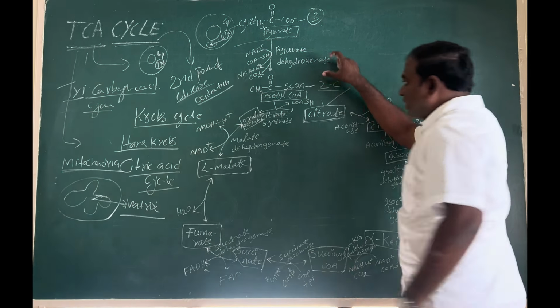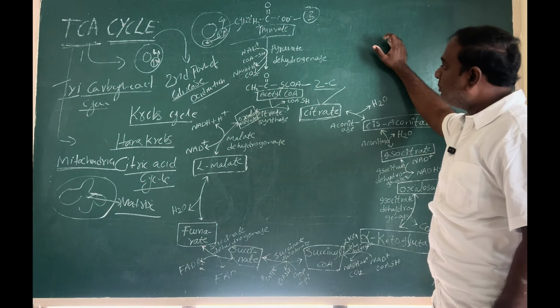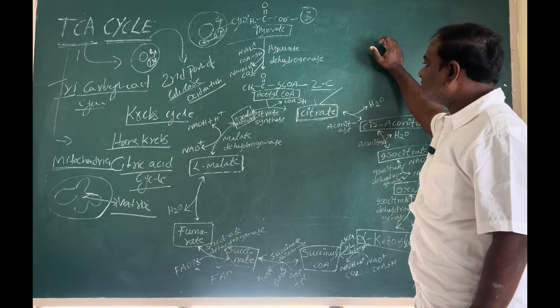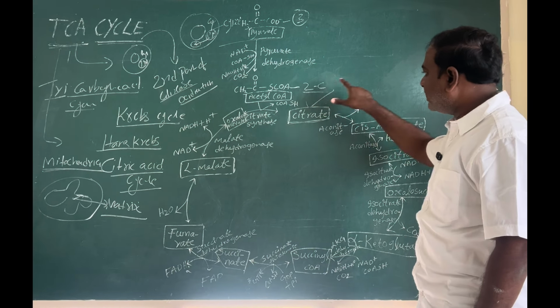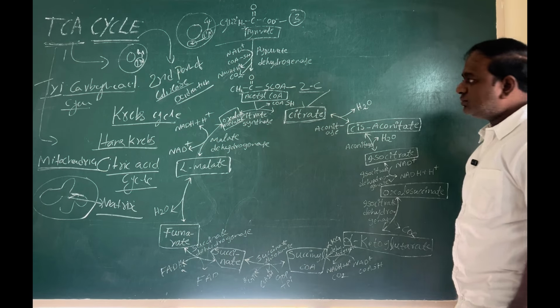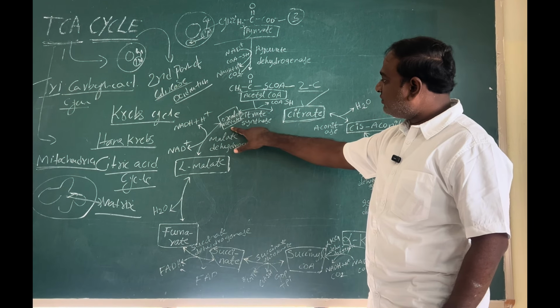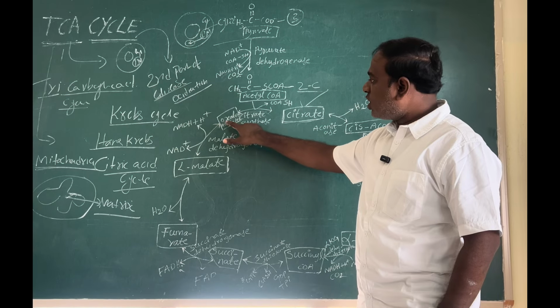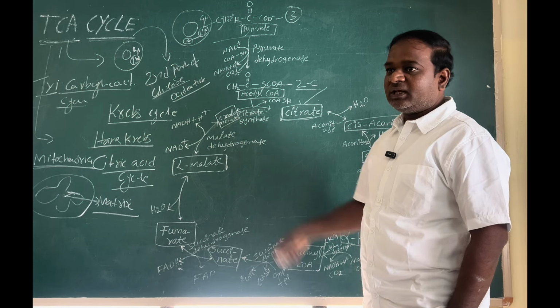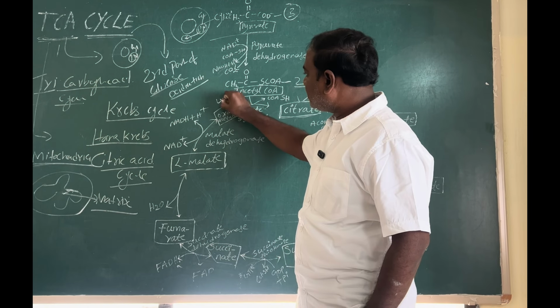After the connecting link from pyruvate to acetyl CoA, the acetyl CoA, which is a 2-carbon compound, will combine with the first intermediate, oxaloacetate.